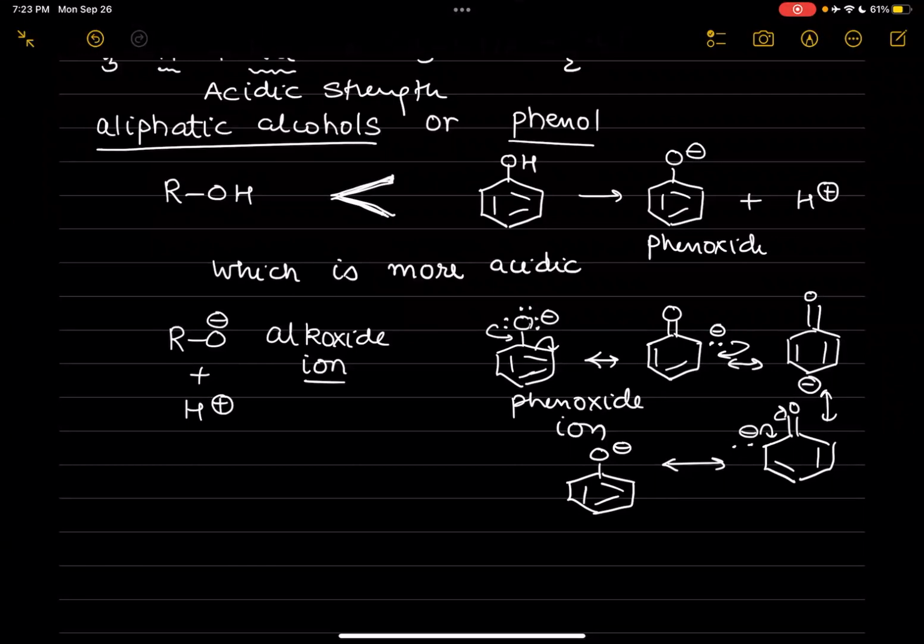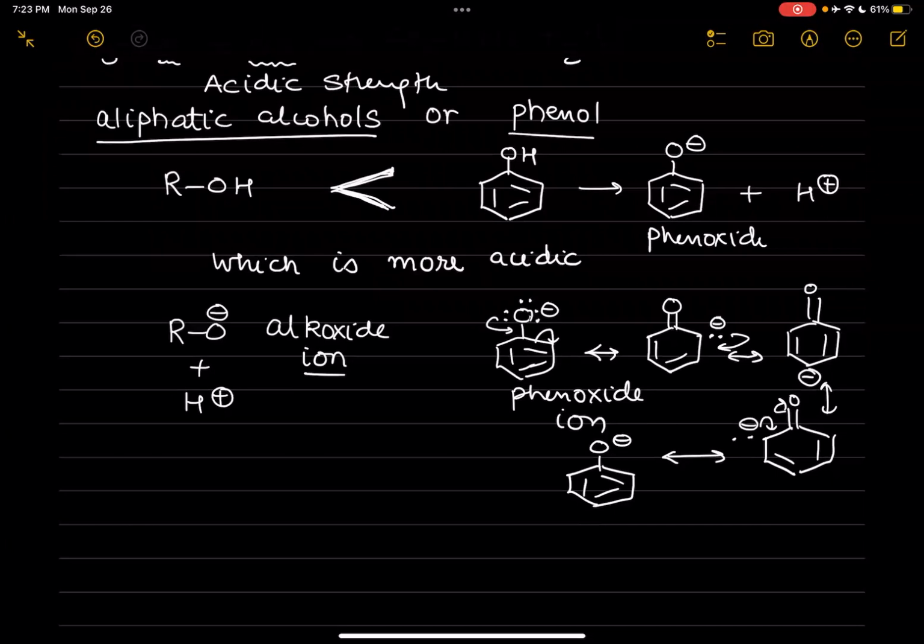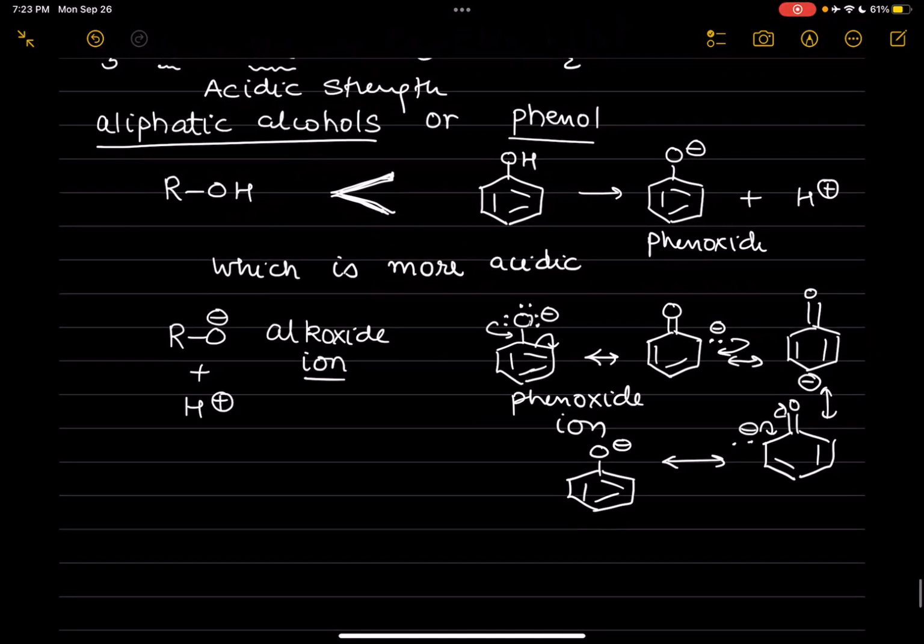Benzene has double bonds, and the negative charge overlaps with the benzene and gets distributed at different places, and that's how the phenoxide ion gets stabilized. And if the negative charge is divided, will it go and combine again with H plus? No, because it is divided at many places.